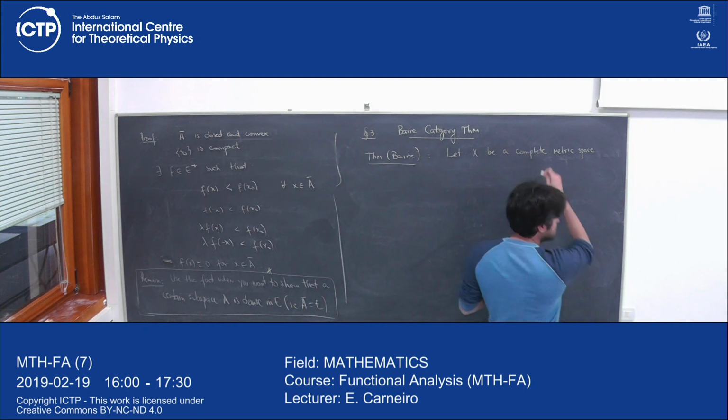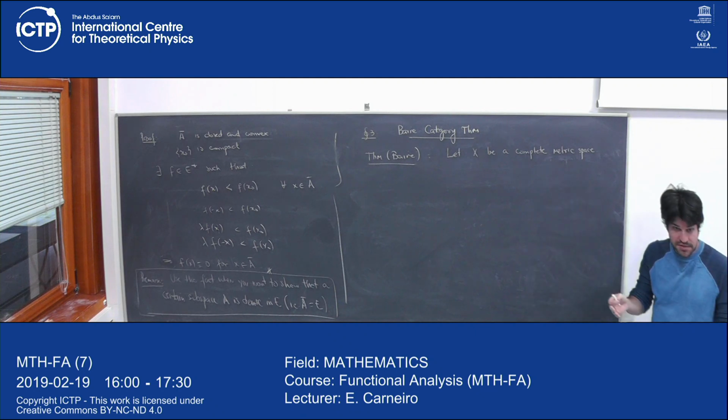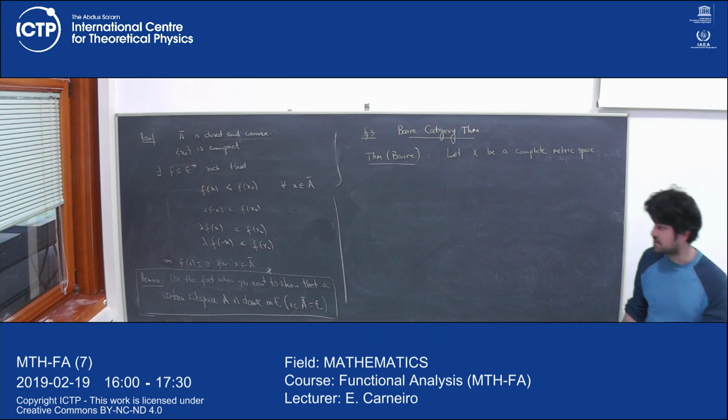And complete is what we all know. If I give you a Cauchy sequence in the metric space, then it will have to converge to a point in the space.